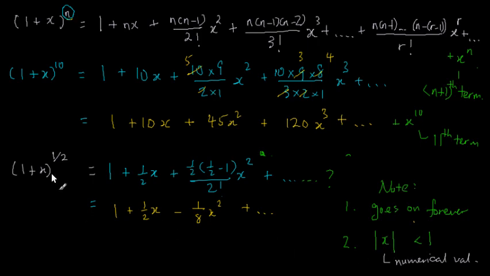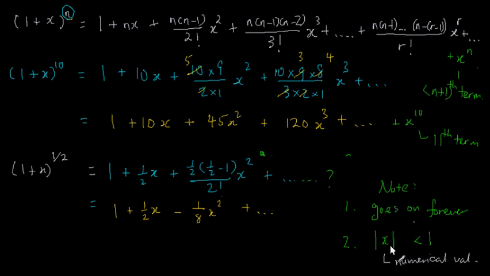So for this series to work with the fractional power, the numerical value of x has to be less than 1. The reason is that if it is more than 1, then when we start adding up all these terms, the terms would actually get bigger and bigger, and we won't get a definite answer in the end. But if x is less than 1, you might be familiar with this already.